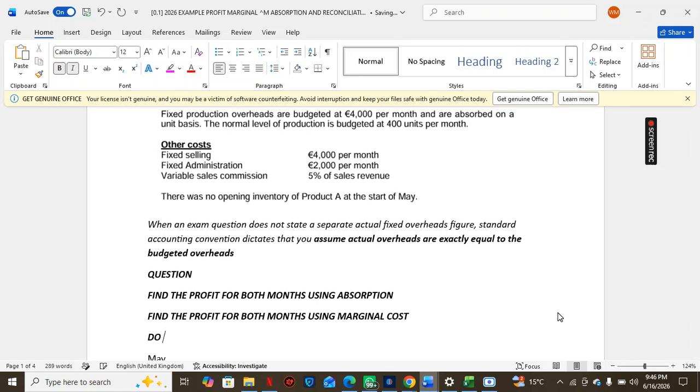Then do a profit reconciliation. Usually this is how these questions are paired up.